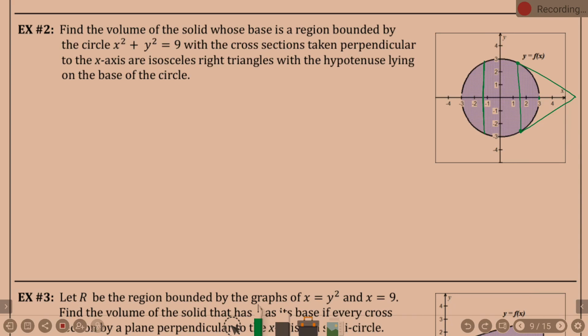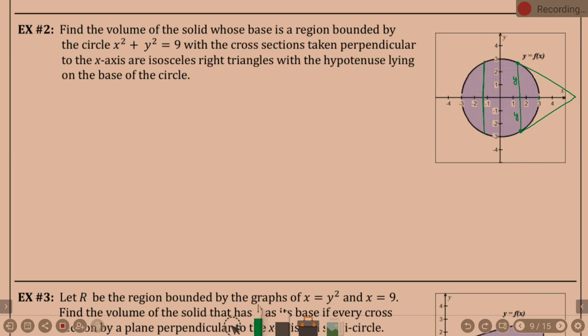I'm going to say the distance from the x-axis, like what I talked about in the last one, the distance from the x-axis to the top of the curve, if I say that is a distance of y, and the distance from the x-axis to the bottom of the curve is a distance of y, correct?